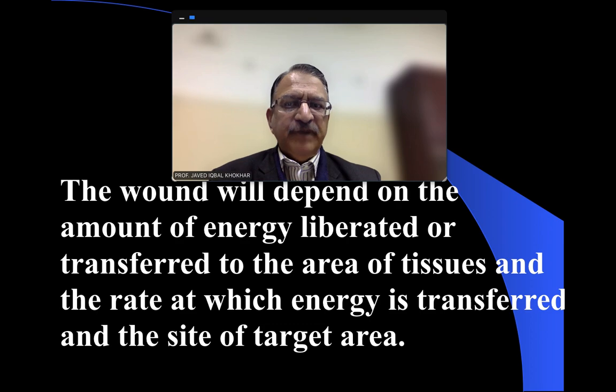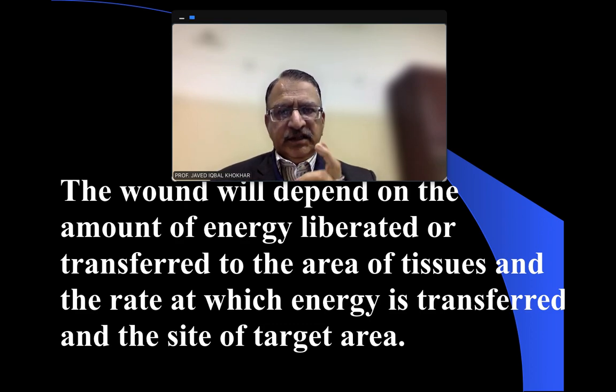the wound will depend upon the amount of energy liberated or transferred to the area of tissues, the rate at which the energy is transferred, and the site of the target area. So the appearance of the wound will depend upon the amount of energy, the amount of force which is used at the particular place where the force is being applied.